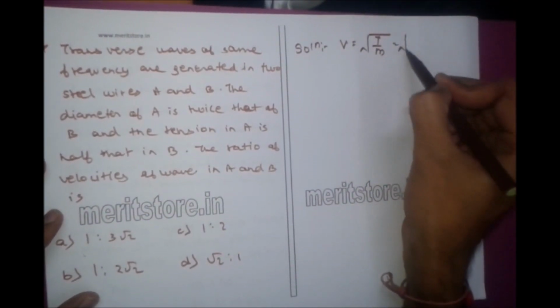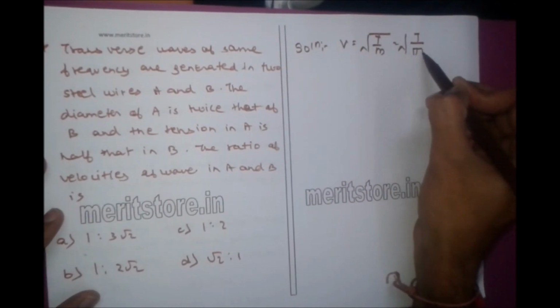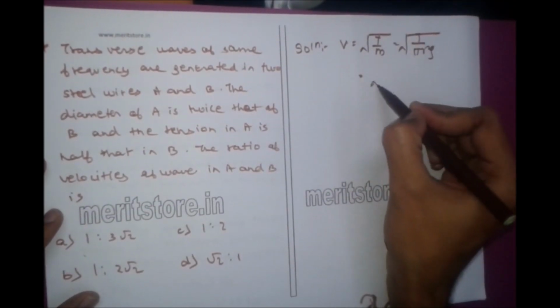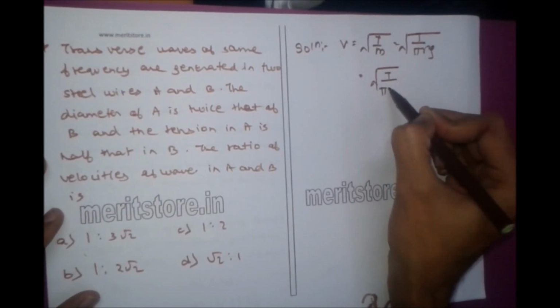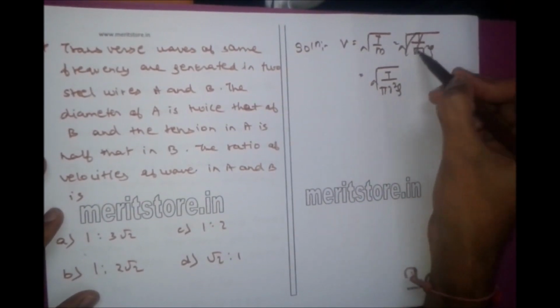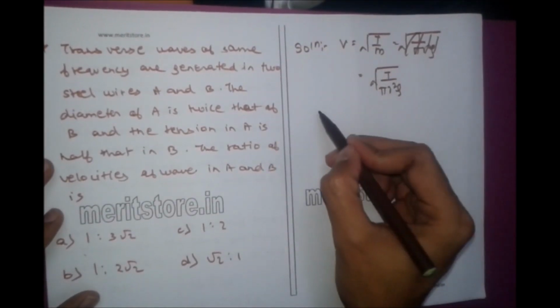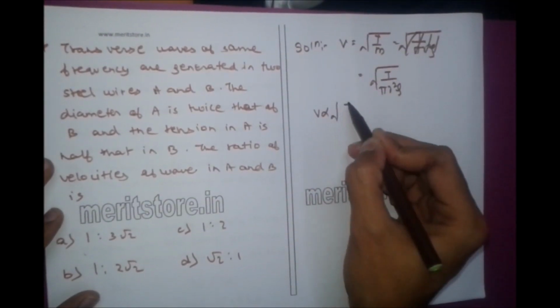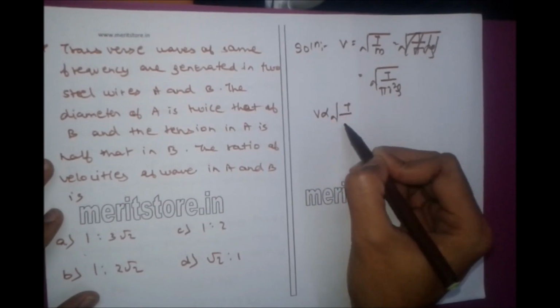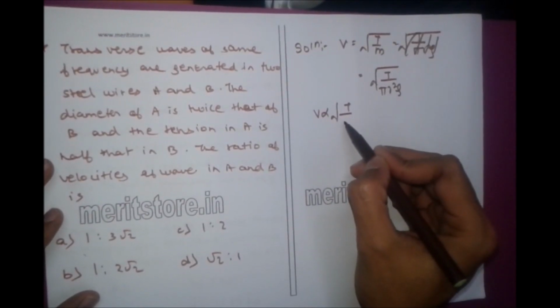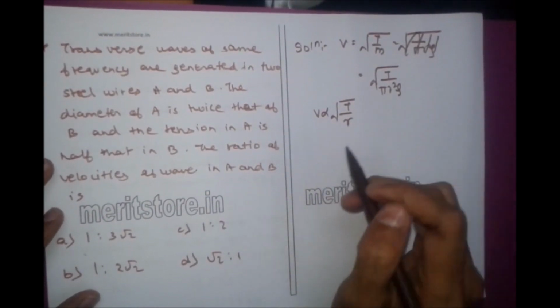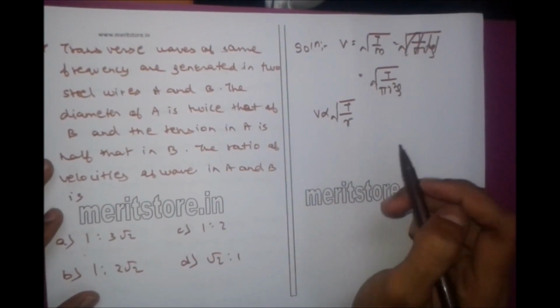We can convert it to T upon pi r square rho, which is the equation for the mass. From the equation we know that v is directly proportional to the square root of T upon r square, so we can bring the r outside, and that becomes the square root of T, upon r.